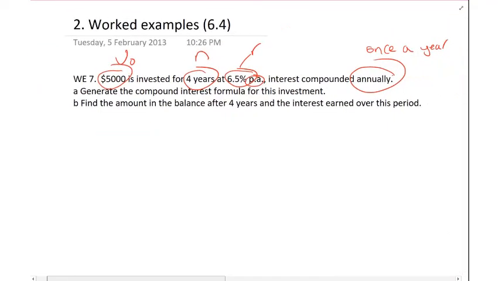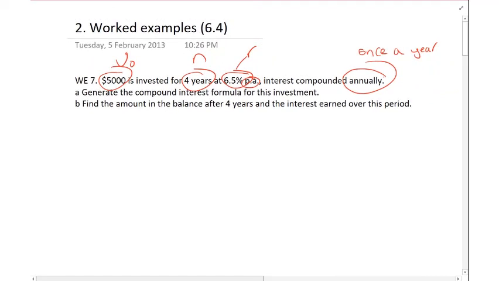So what do we do? Generate the compound interest formula for this investment. Let's write the formula out first. So I'm going to go Vn equals V0 (1 plus R over 100) to the power of N. What's our V0? We've got our things listed up the top here. You can list them out again if you want, but our V0 is 5,000.